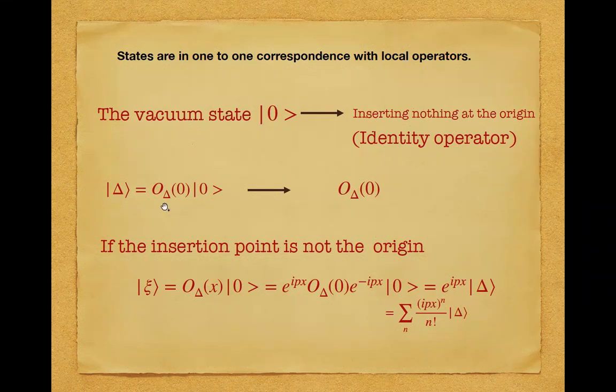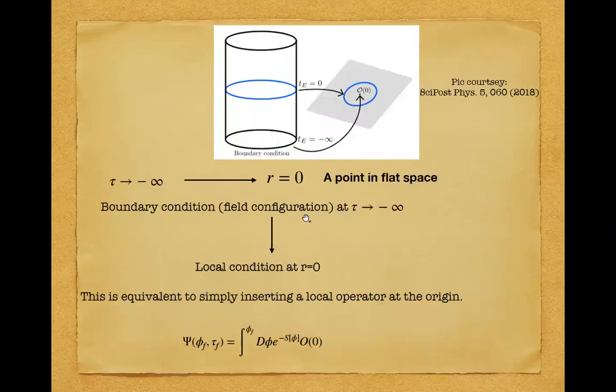Yeah, there's a question in the chat box, Kausik. We haven't specified a Lagrangian for the CFT, so what is S phi? This is just a schematic representation for our understanding.